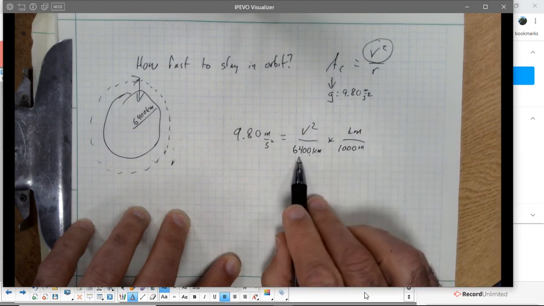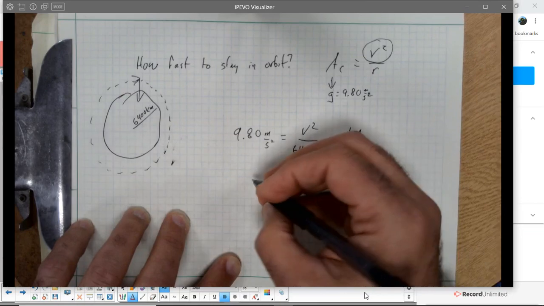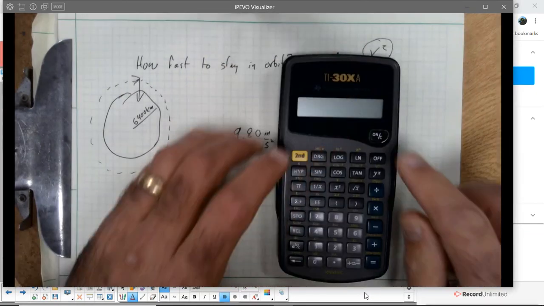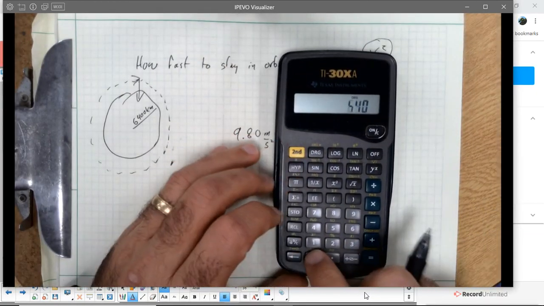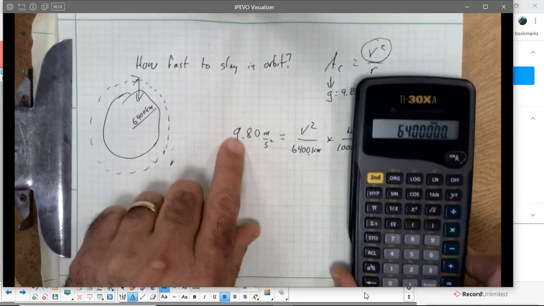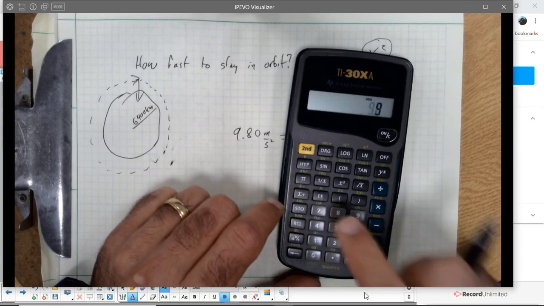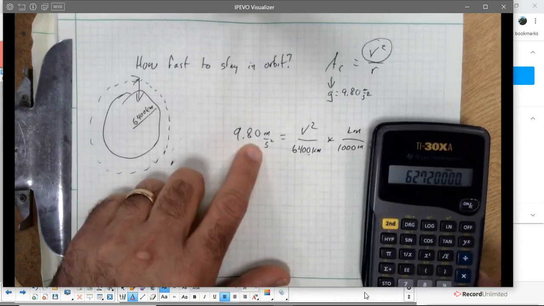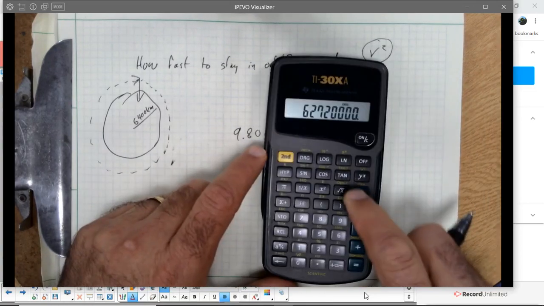So this is just a conversion factor to convert kilometers into meters. Anyway, that turns out to be 6.4 million. So we take 6,400 kilometers times 1,000, that's the meters. We multiply that by 9.8 to bring everything over to this side, and then we need to take the square root of it.